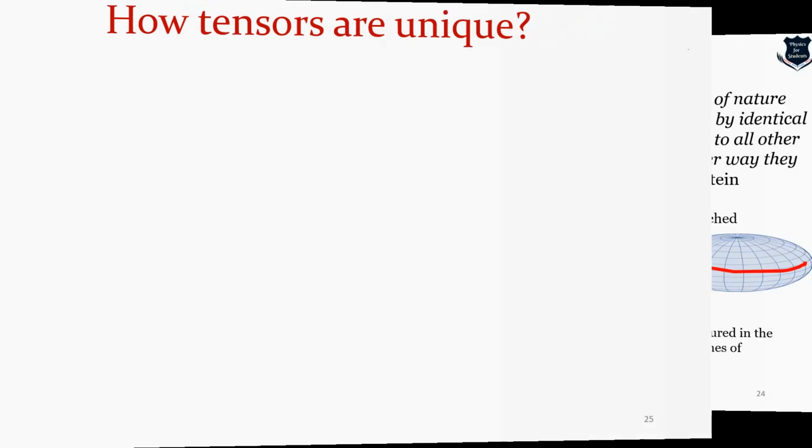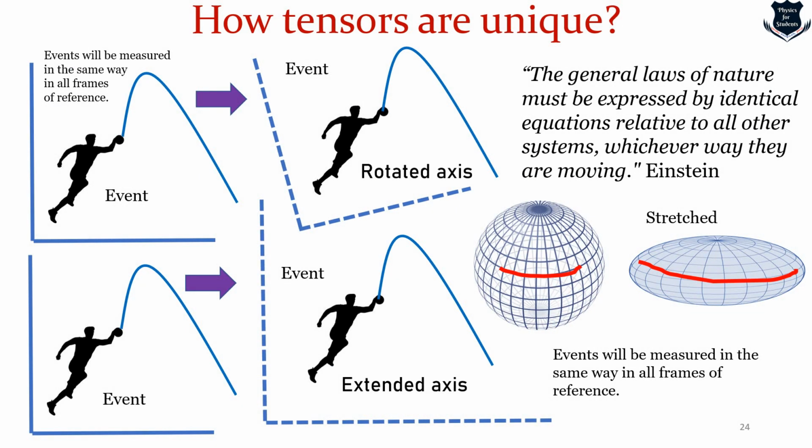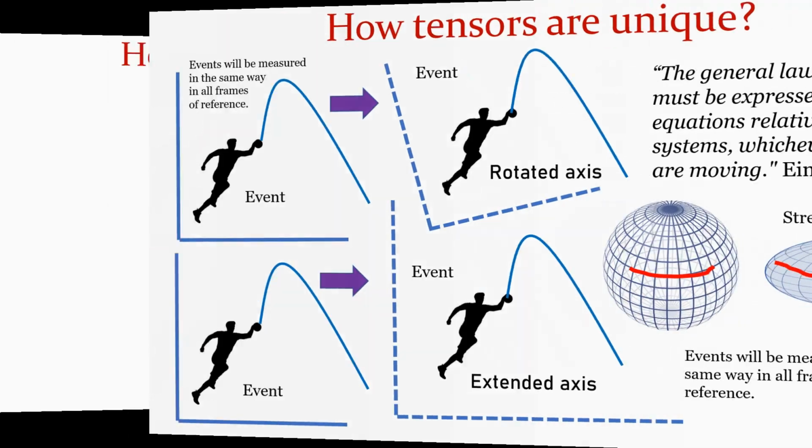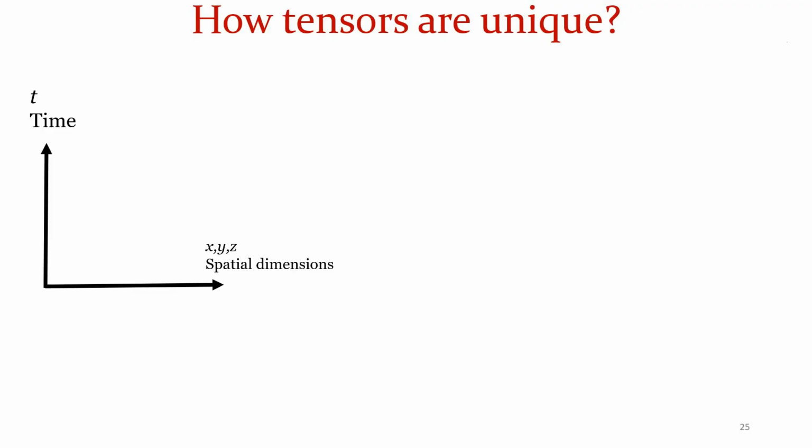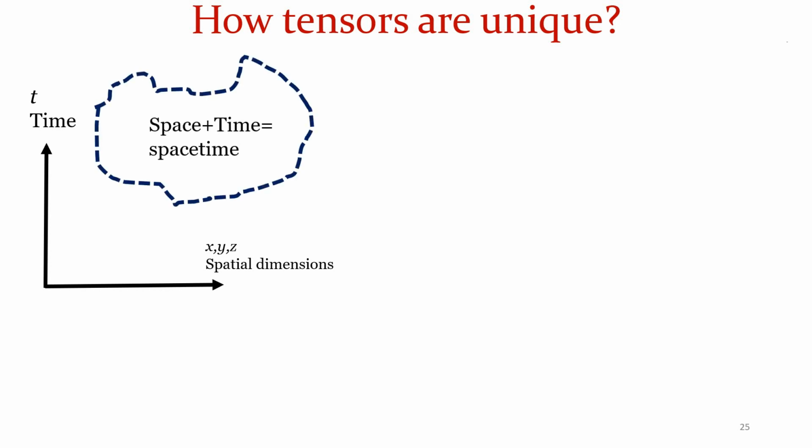Another important feature which comes from here, if I take a step back, is that we know the space-time, which was basically a three-dimensional space in Newtonian mechanics, got stretched into a four-dimensional space-time. So here is the time t, and x, y, z are the spatial dimensions. From special relativity, and if we move into general relativity, we find that space and time are now taken up in a lump which is called space-time.